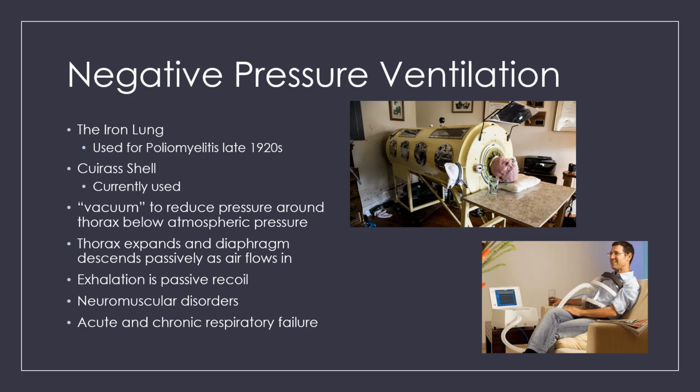And therein, the thorax expands, the diaphragm descends passively, and air flows in because of the creation of the negative pressure. And exhalation is just on passive recoil. So oftentimes this can be used on our neuromuscular disorder component or in acute or chronic respiratory failure issues.